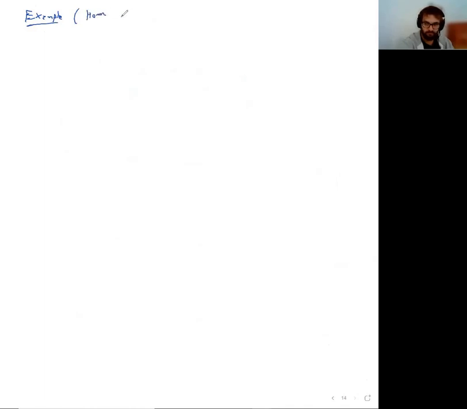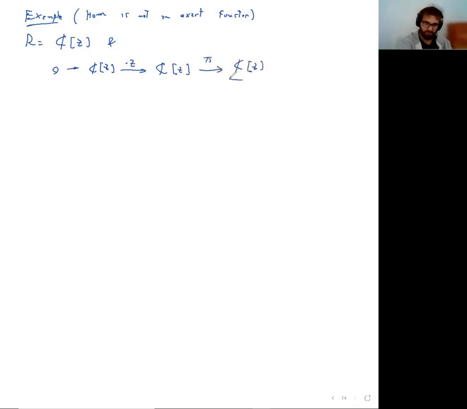Hom is not an exact functor. The ring of choice will be the ring of polynomials over C. And the sequence will be the one that takes a polynomial and sends it to the polynomial times Z. And here you have to put the projection, which sends a polynomial to this ring, which is just a quotient ring.